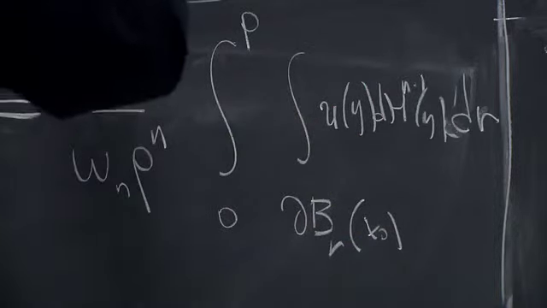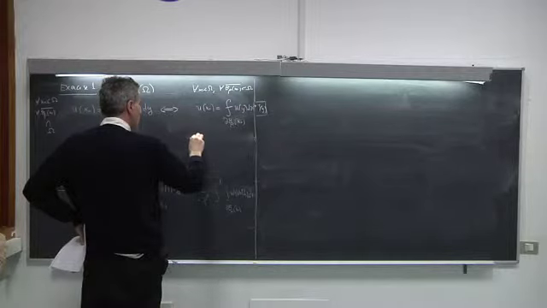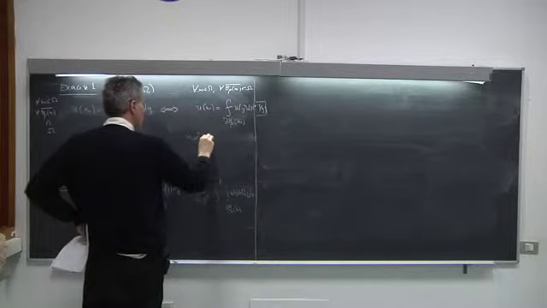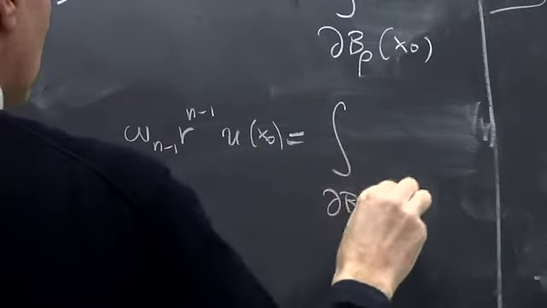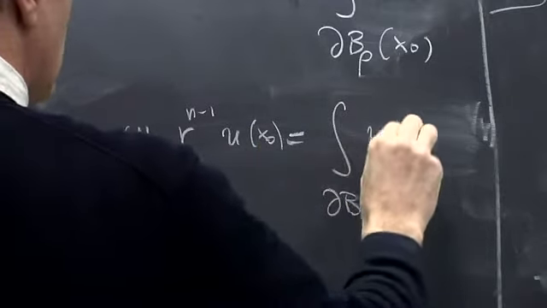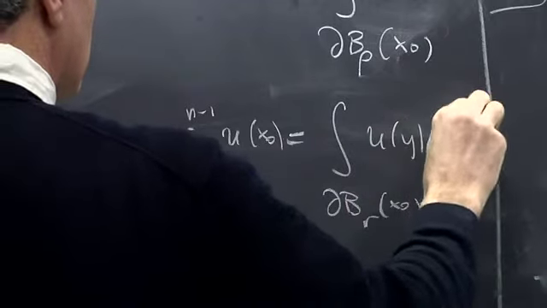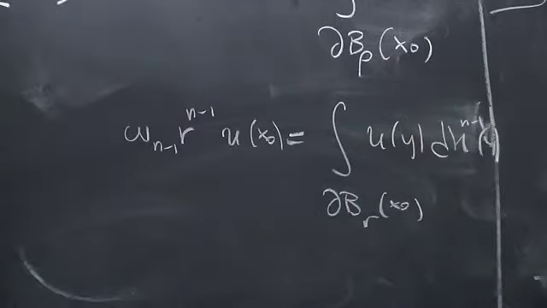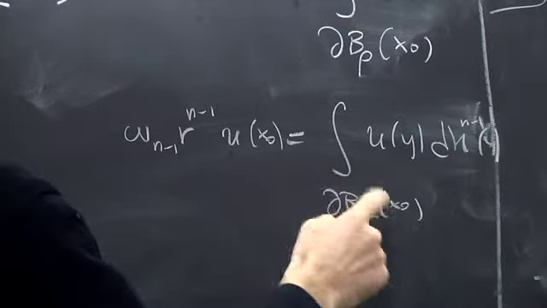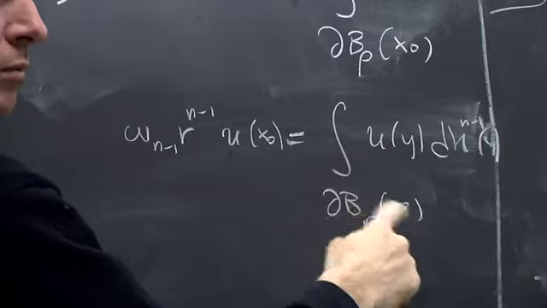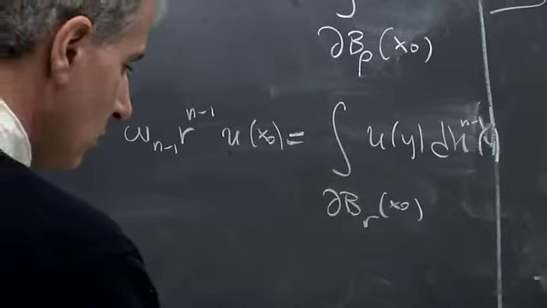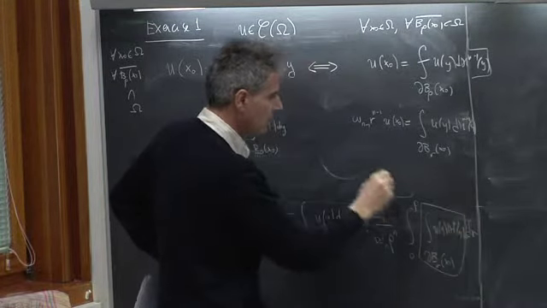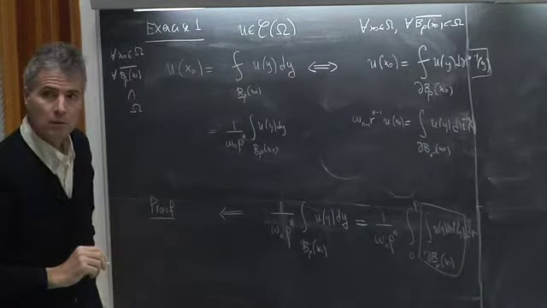Therefore, our assumption says that omega n minus 1 r to the n minus 1 u of x naught is equal to the integral of u of y d H n minus 1 y. So u of x naught is the mean value on the surface of this ball, by assumption. So now I can substitute inside this inner integral this.